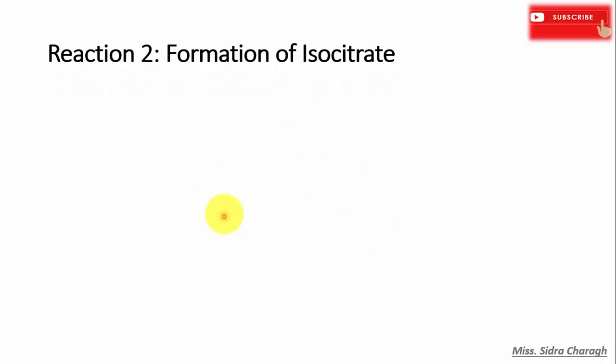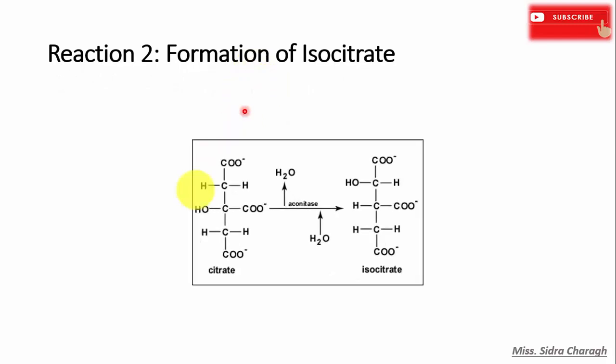The second step of the Krebs cycle is the formation of isocitrate or isocitric acid. Here the citrate is rearranged to form an isomeric form called isocitrate by an enzyme known as aconitase.